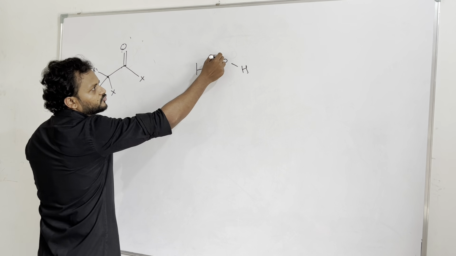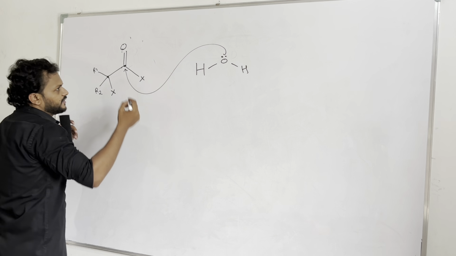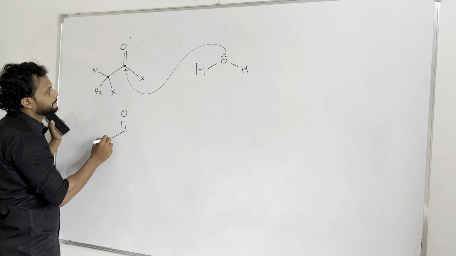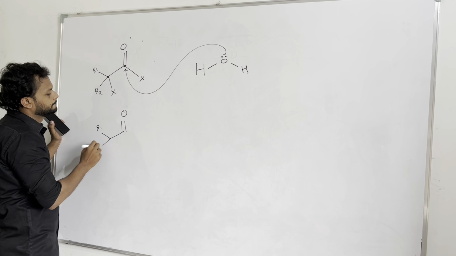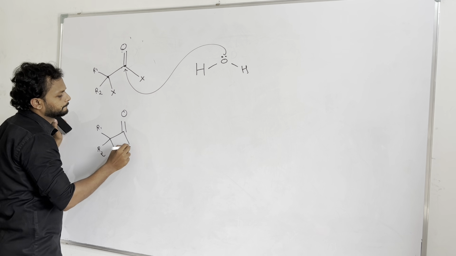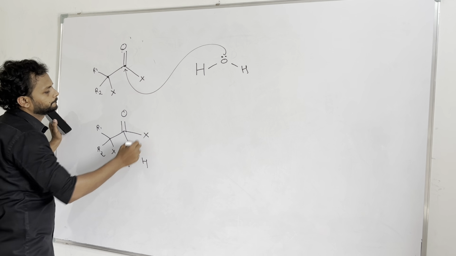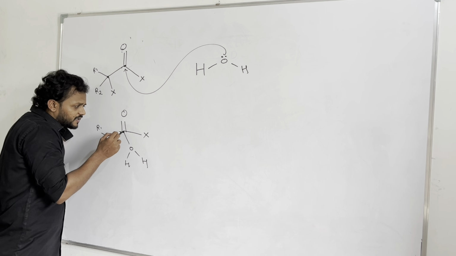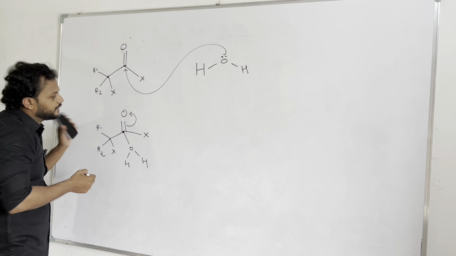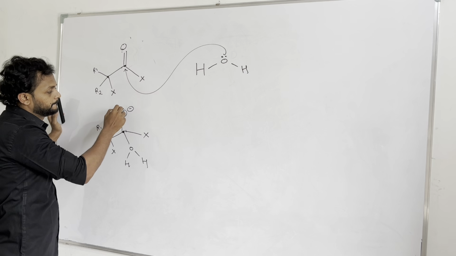Now that water is going to attack the electrophilic carbon, and that water is going to add over here, and to stabilize this carbon, this oxygen will get that pi bond in the form of a lone pair and will form an oxyanion again.